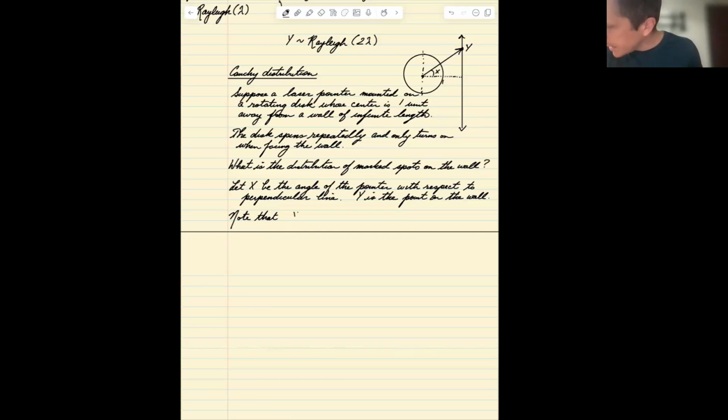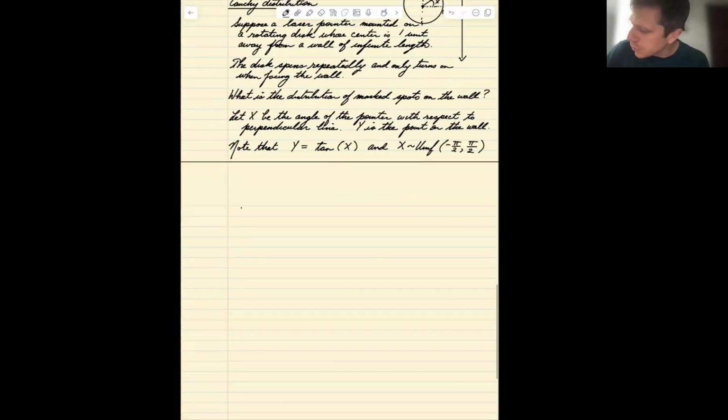So in this case, we can actually express Y as the tangent of X. X is an angle, and we're assuming that X is uniform from minus pi over 2 to pi over 2. So X is essentially going at a constant speed. So Y actually is smooth and increasing. Right?